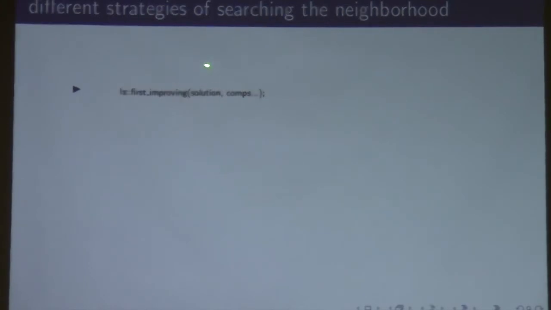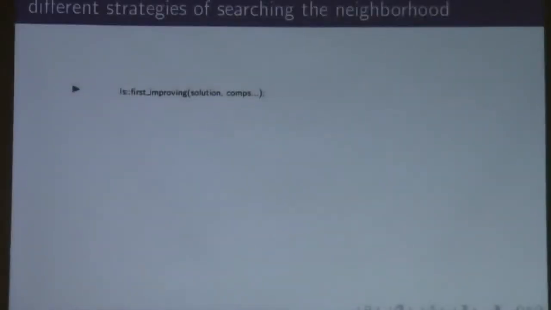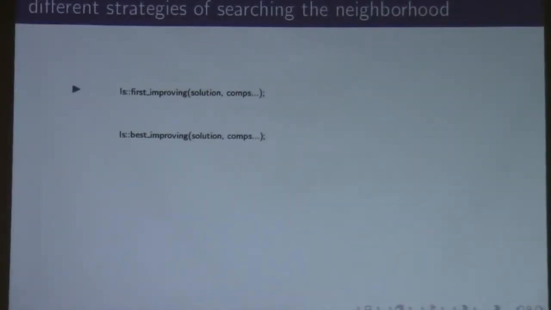So we were working on only one strategy all the time, first improving. We iterate through the moves, and we take the first move that is improving. But there are of course other strategies. There is the best improving strategy, which takes the best move, checks if this is improving, and if it is improving, it applies the move.